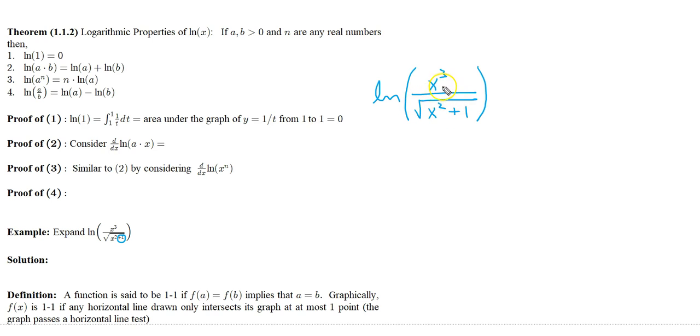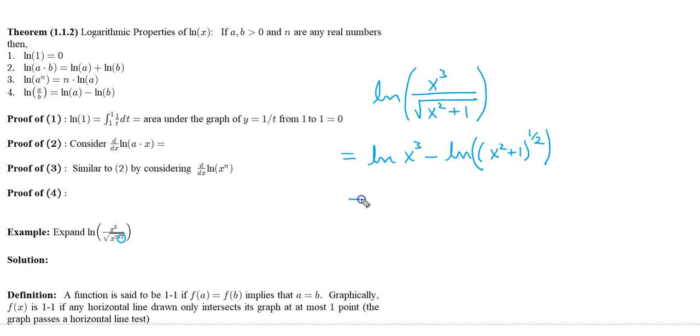So first of all, using property number 4, we can write this as, so notice how we broke it up as the natural log of x cubed minus the natural log of the square root of x squared plus 1. Now I wrote the square root as x squared plus 1 to the positive 1/2 power so that we can invoke property number 3.